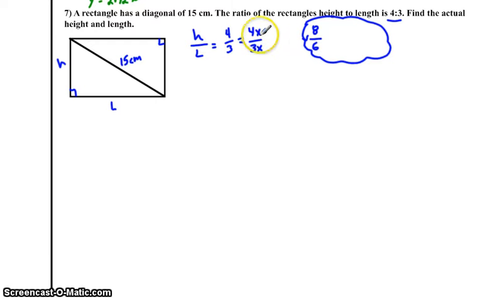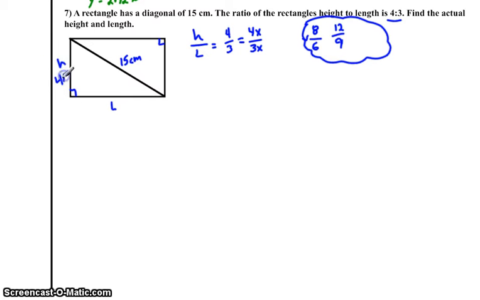Or what if x was 3, and the top would be 4 times 3, which is 12. The denominator would be 3 times 3, which is 9. We get 12 over 9. If you simplify that, that's still the same as 4/3. So using 4x and 3x is a handy way of expressing the height and the length using the same variable.